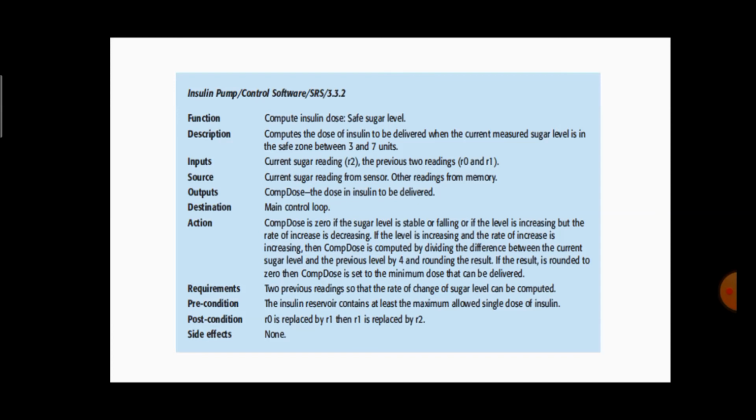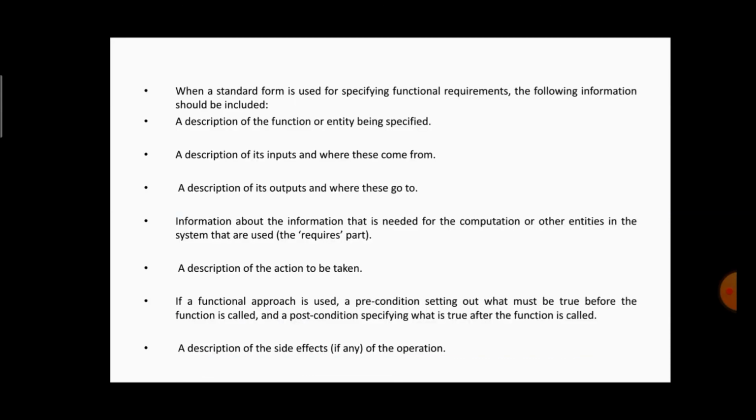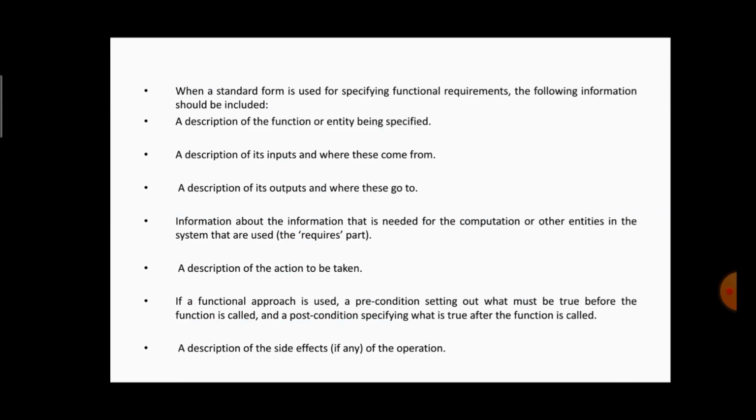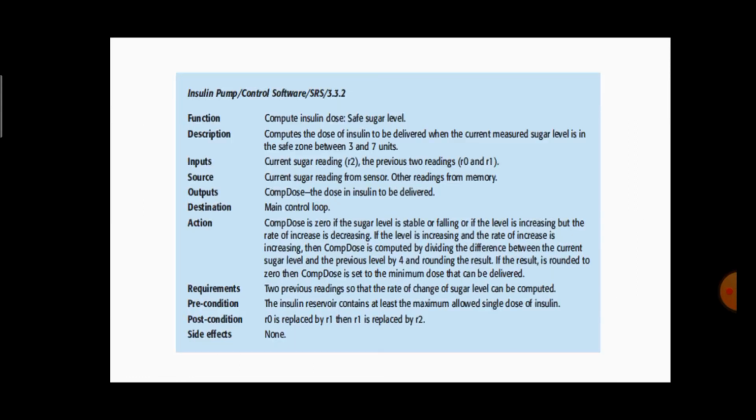Description means you are going to tell about that function using some 5 to 6 words. That's all. Also, along with that, a description of inputs and outputs. See, I included input also. What is the input you are giving to this particular component? Next, a description of output. Along with the input, you have to include the output also. You can see there.